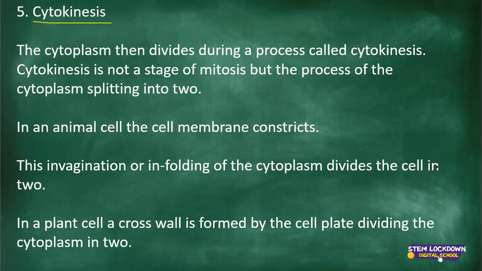Then he explains the different phases. In prophase, the chromatin material will shorten and thicken into individual chromosomes. In metaphase, the chromosomes line up on the equator. In anaphase, the chromatids are pulled to opposite poles of the cell, and in telophase, the nuclear membrane reforms. Yes, that is a very nice summary. That is very, very correct.